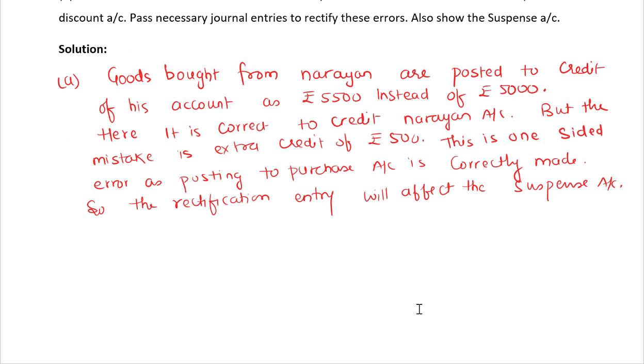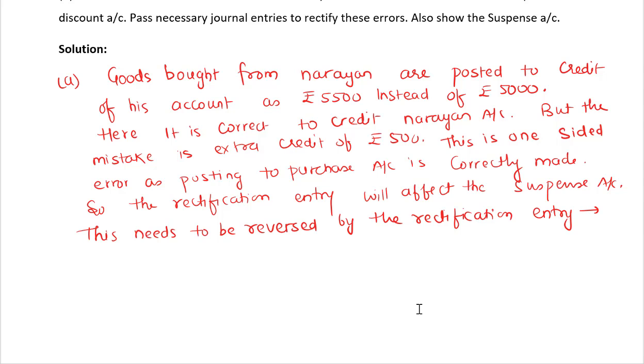We need to pass a reverse journal entry and it will be done. This needs to be reversed by the following rectification entry. Narayan account debit 500 and suspense account credit 500. Understood?